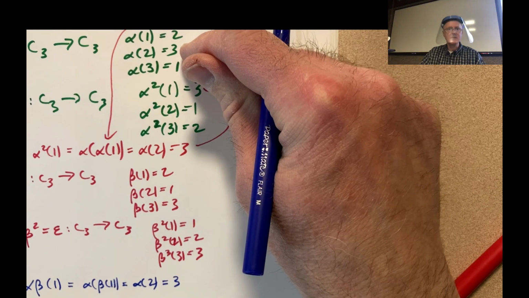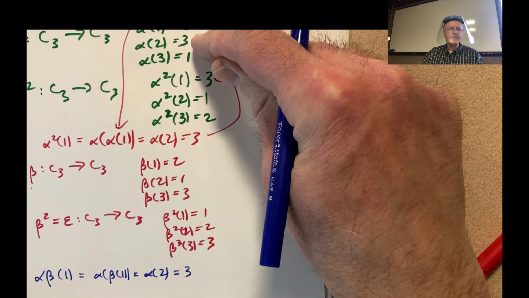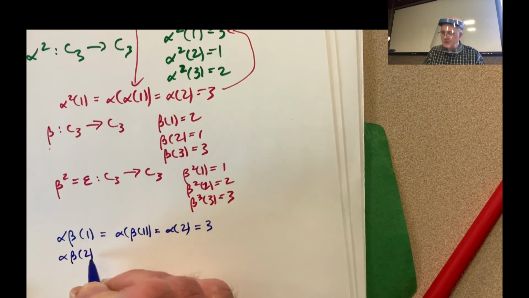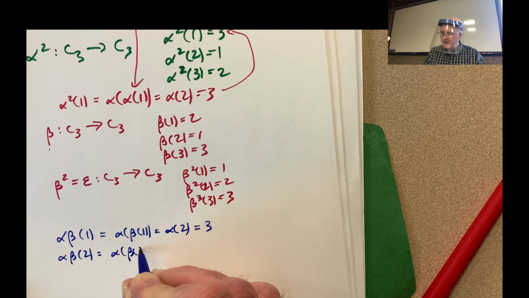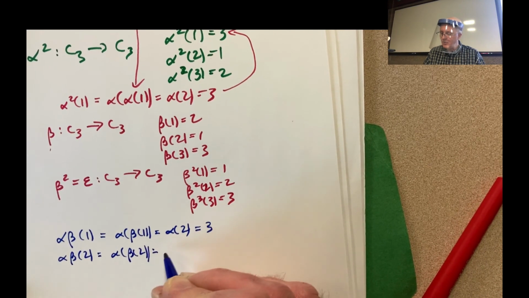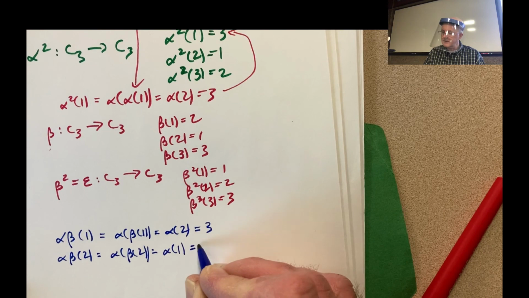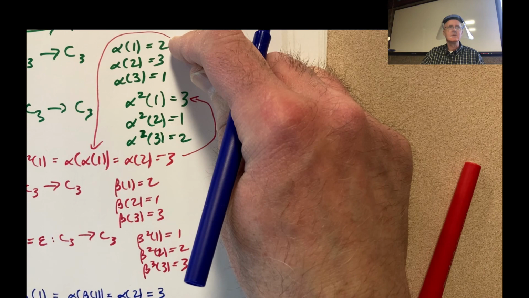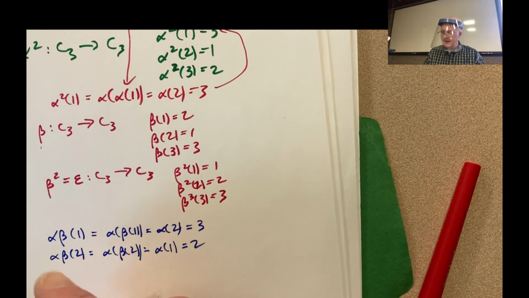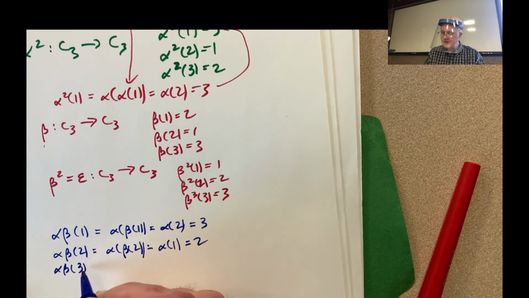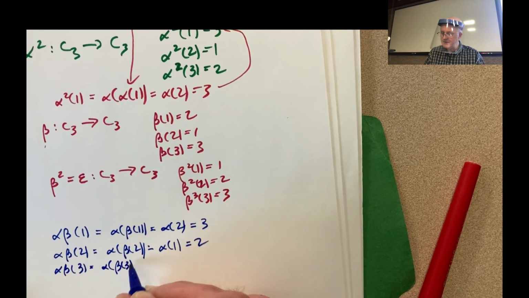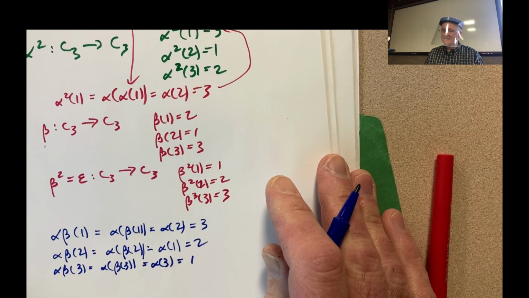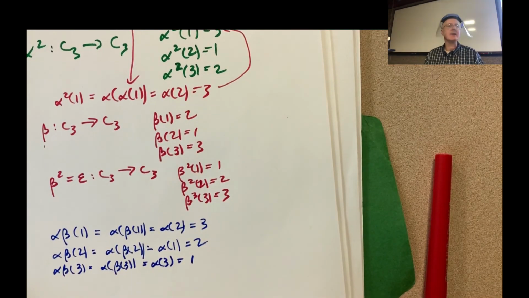Alpha of 2 is 3. What's alpha beta of 2? Alpha of beta of 2. Beta of 2 was 1. So this is alpha of 1. That will equal 2, looking back up here. Alpha of 1 is 2. And alpha beta of 3 is alpha of beta of 3. Beta of 3 was 3 itself. That's yet a new permutation that we haven't written down yet.